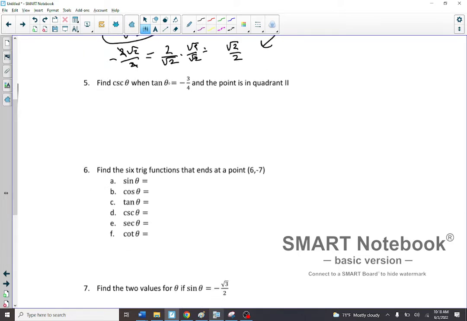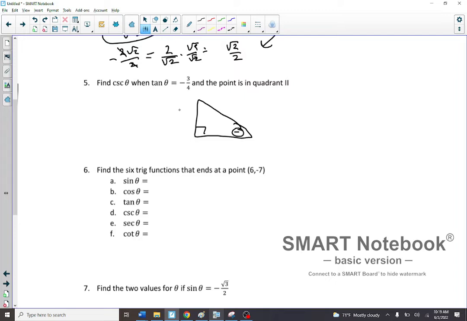Find cosecant when tan is negative 3/4 and the point is in quadrant 2. So this one is a right triangle thing. Your right triangle is something like this, quadrant 2, so we're going to go to the left here. Theta is nestled in the middle. Tangent is opposite over adjacent, TOA.